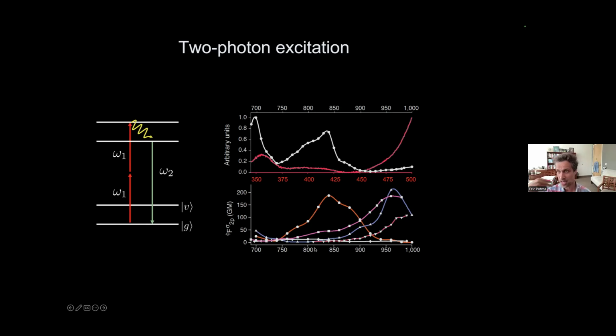One, there's many laser light sources that are readily available to actually access those excitation wavelengths. And secondly, this is exactly in a window where scattering is low and absorption is low in tissues. So a great situation. So keep that number in mind. 100 GM, 100 Goppert-Mayers, is a really good number for two-photon excitation.